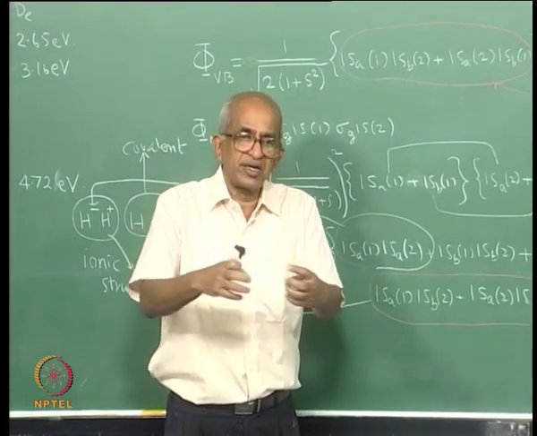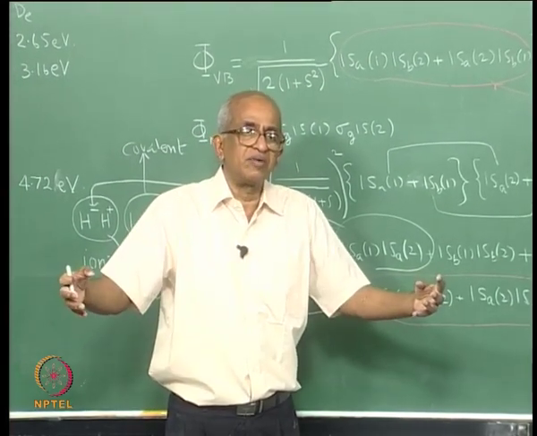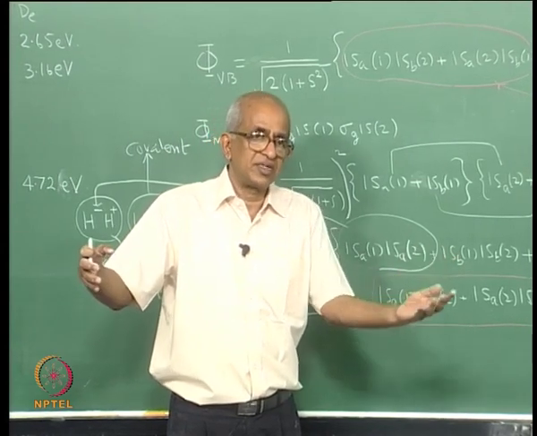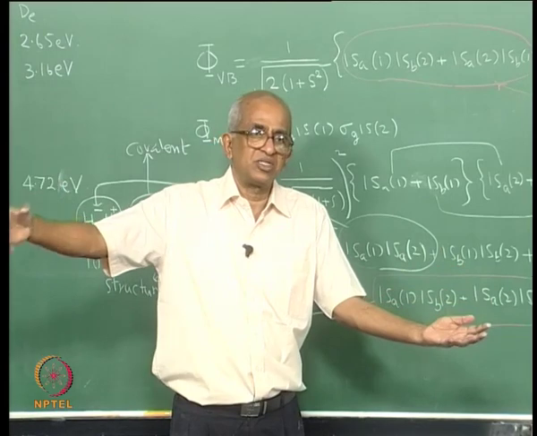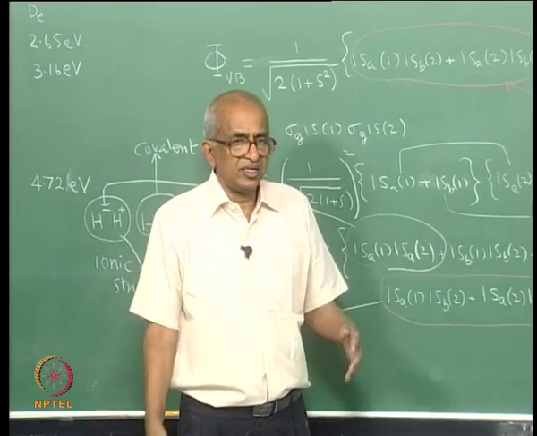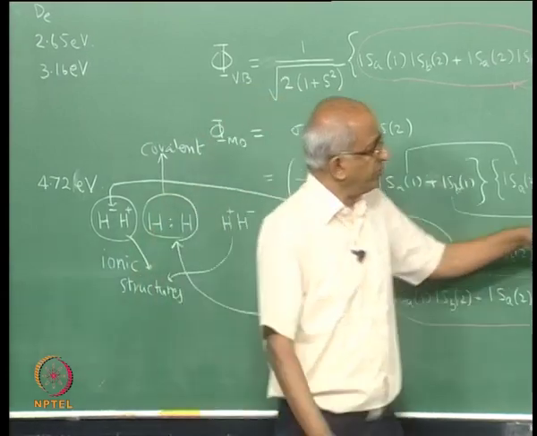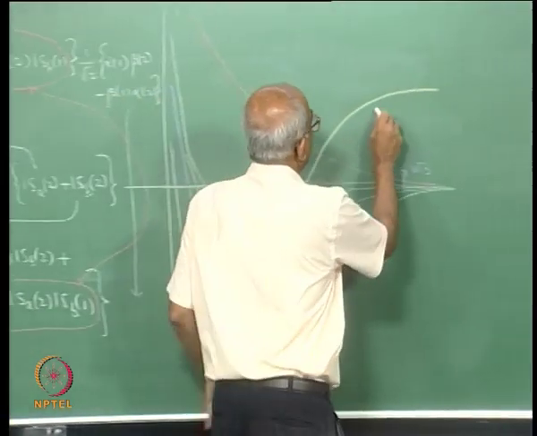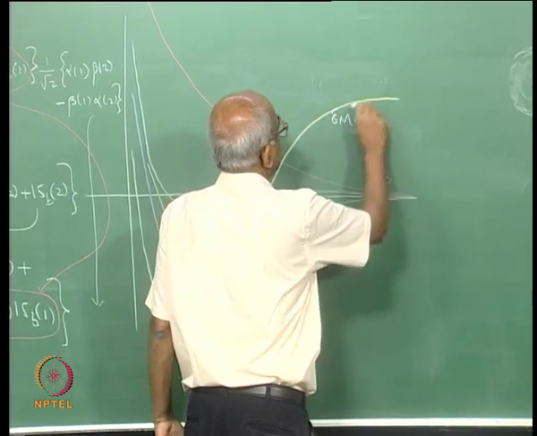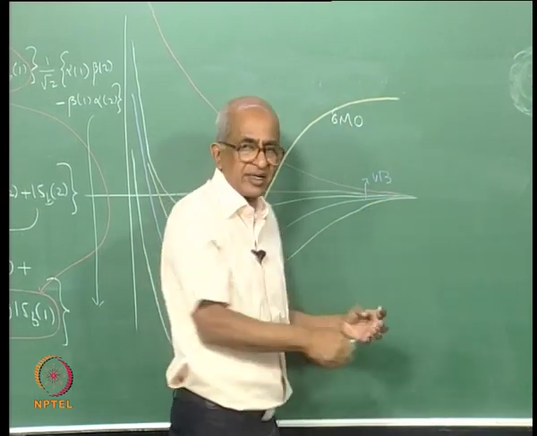So, if you dissociated the molecule, the molecular orbital theory will say that okay, it is possible for it to dissociate in such a fashion that you will get an H plus and an H minus, and that is the reason why the plot of energy, this is molecular orbital energy according to molecular orbital calculation, does not give you the correct dissociation limit.